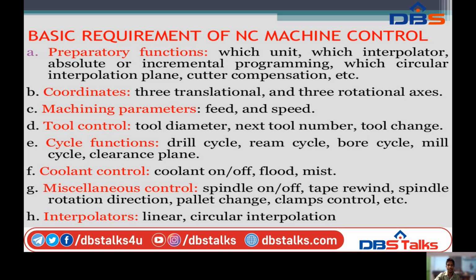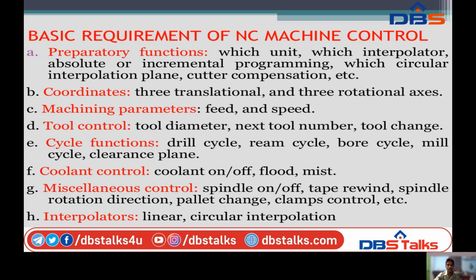Preparation is nothing but starting functions. Which unit we require, which interpolator we are using, whether we are following absolute or incremental dimensions or programming, which interpolations we are following, which cutter compensation we are giving. These are all things discussed in preparatory functions.